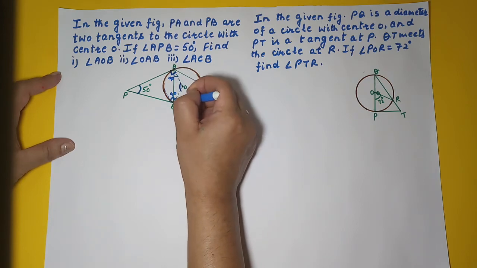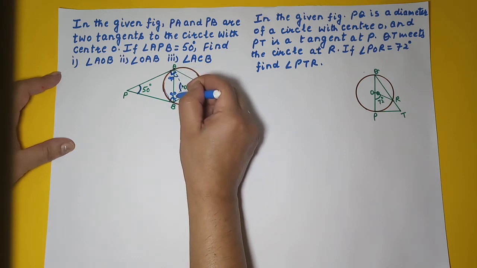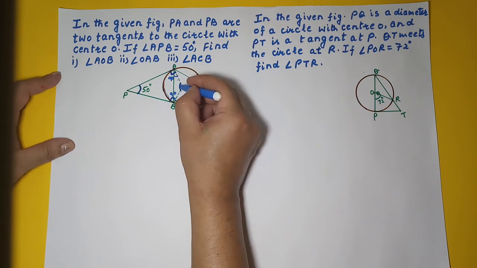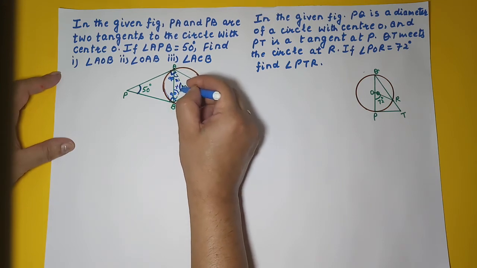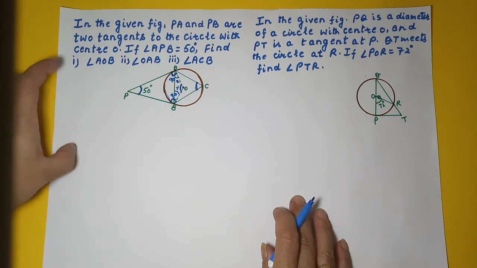Therefore, angle OAB will be equal to angle OBA because angles opposite to equal sides are the same, right? So 130 plus this, if this is X, this angle will also be X. So this angle plus this is 180. You will be in a position to find angle OAB.